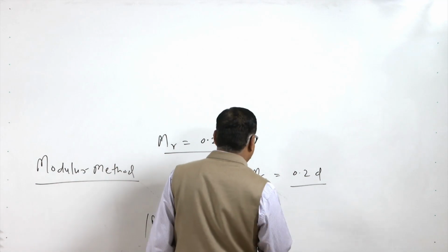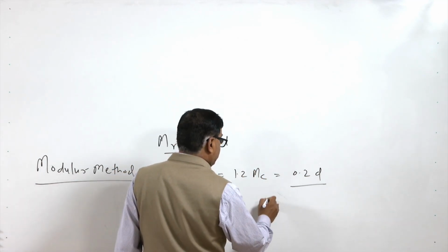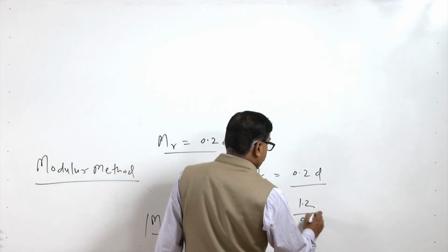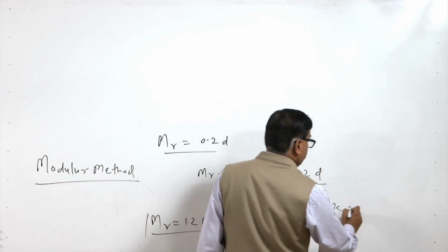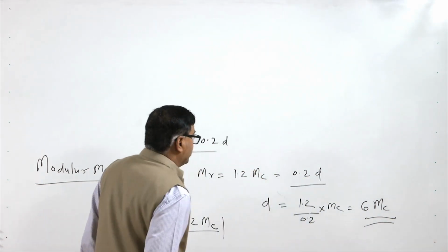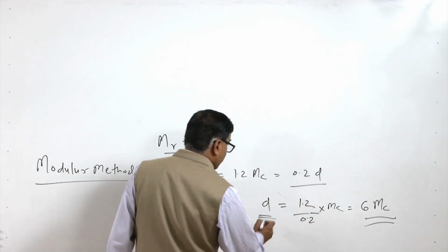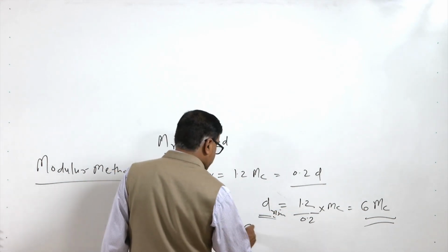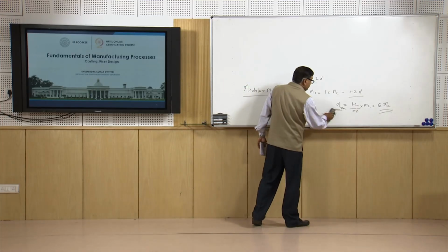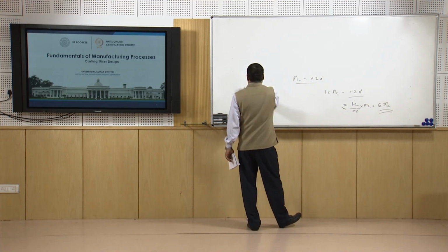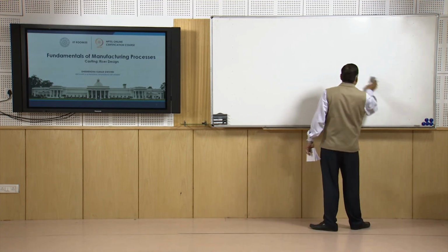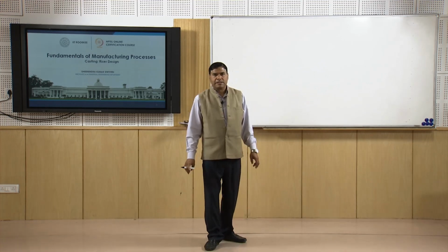So, the diameter of the riser will be equal to 1.2 divided by 0.2 into MC, which is basically 6 times the modulus of the casting. This is how the diameter of the riser can be determined for the purpose of designing the riser.